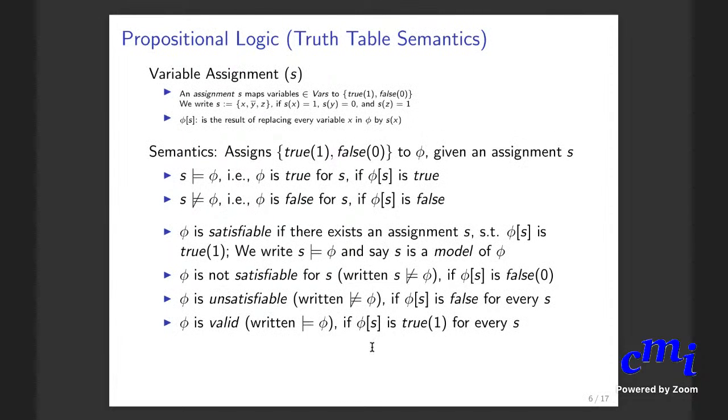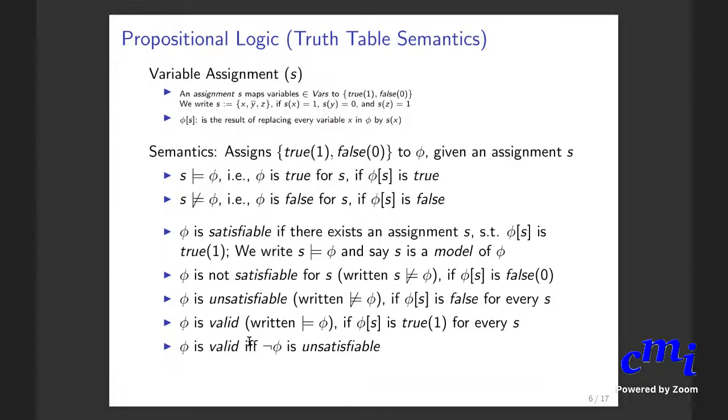And phi is valid, written double turnstile phi without any variable assignment here, if for every possible variable assignment, phi of S gets assigned true as per the rules of the semantics.